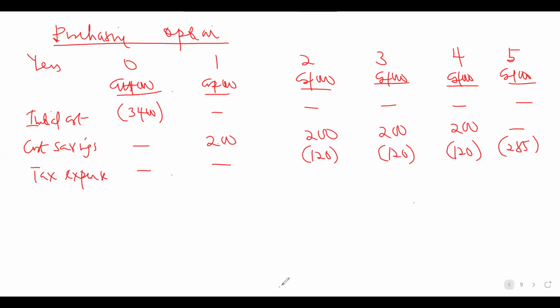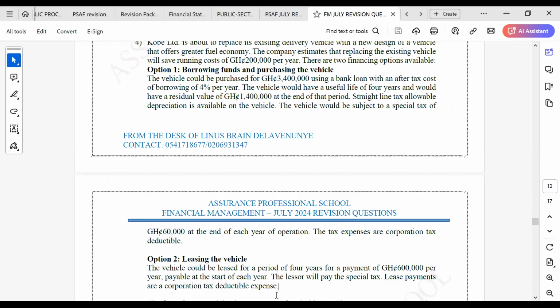Tax expenses are corporation tax deductible. If you pay the tax, they will allow you to subtract the tax you have paid from your profit before the tax authority charges tax on the remaining profit.